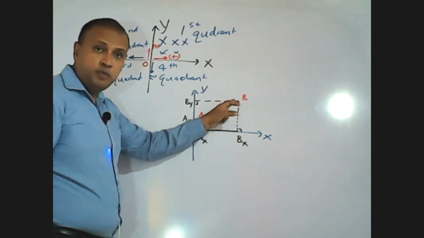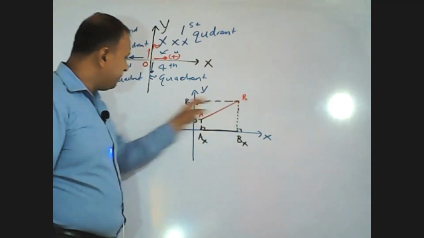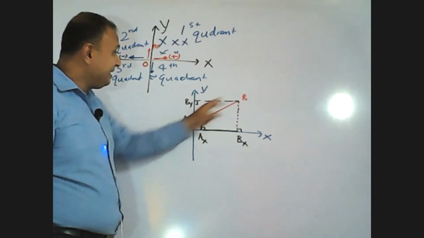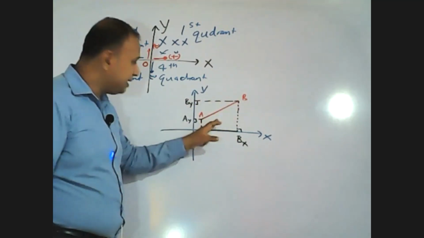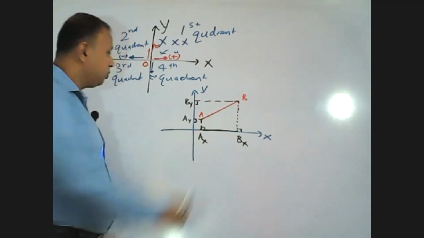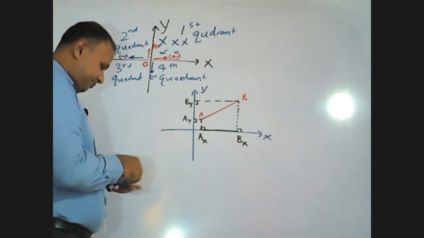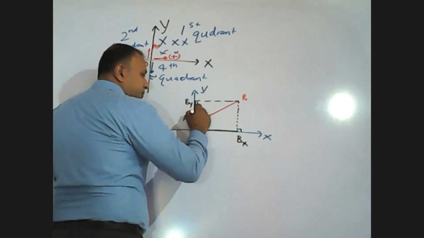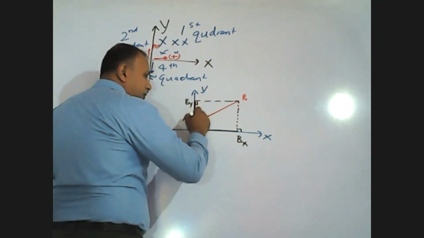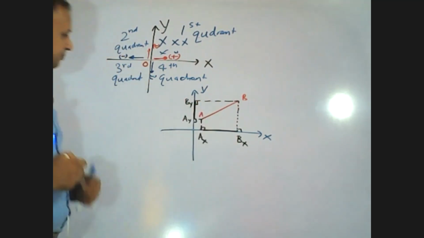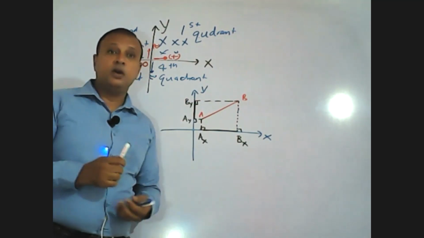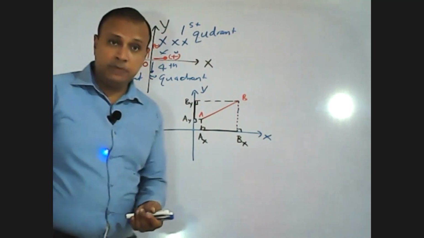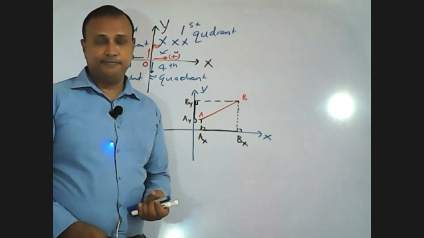If we draw two perpendiculars from each end of this line segment to the y-axis, we will get the perpendicular projection of AB on the y-axis. So that is the way of taking perpendicular projections on each axis.